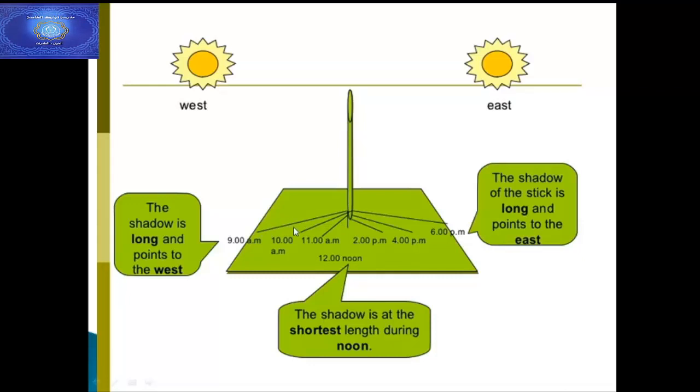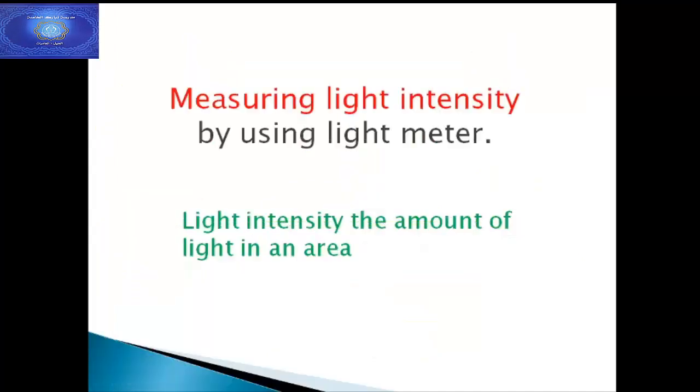Then the shadow gets shorter and shorter, then shortest at midday or noon. Then after noon, the shadow becomes longer and longer, then the longest when the sun sets in the evening.